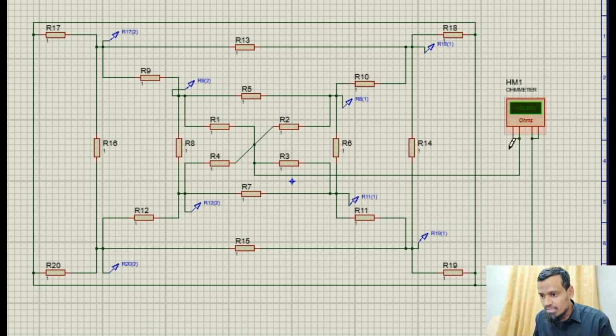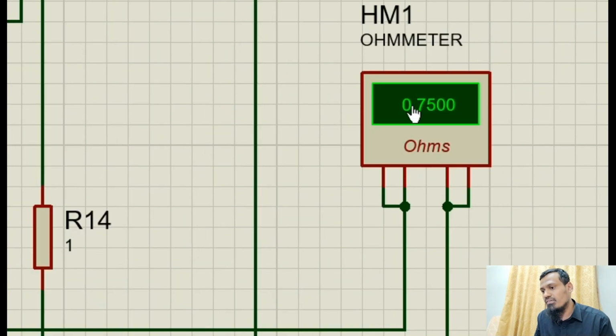The ohm meter is connected between the point A and the point B. Now if we run the simulation, it will display the equivalent resistance between the points A and B, which you can see, I will zoom in, to be 0.75 ohm.